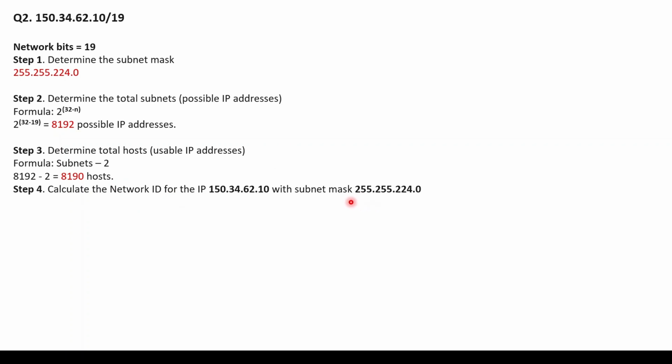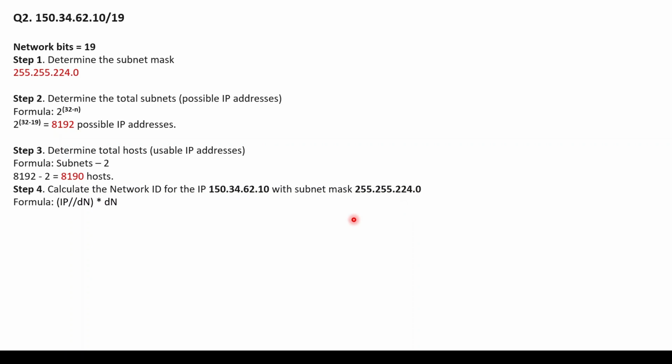Now, step 4 is to calculate the network ID. Again, what is our octet of interest, our target octet? It is this octet here, 62, because we are in the /19 network. Counting from here, 8, 16, and then we have 19 in this particular octet. The subnet mask calculated already is 255.255.224.0.